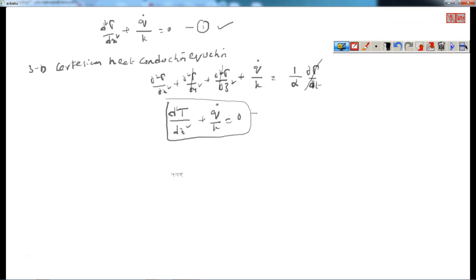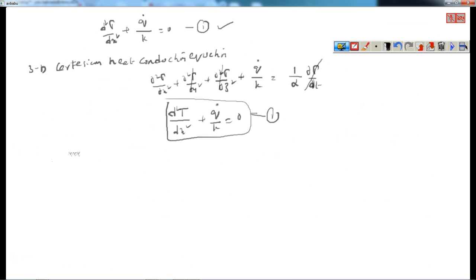Now once we know this, we'll try to fix the boundary conditions here. So first I will integrate equation one.